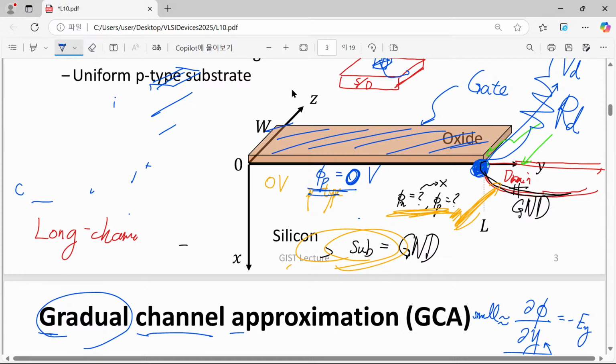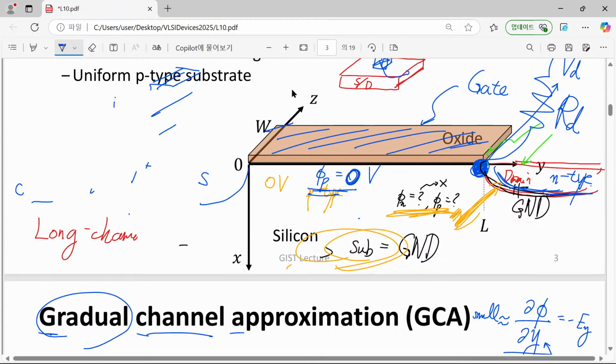How can you say so? Although here we have a source and drain, and the drain wants to set the quasi-Fermi potential to its drain voltage, however, this is n-type.